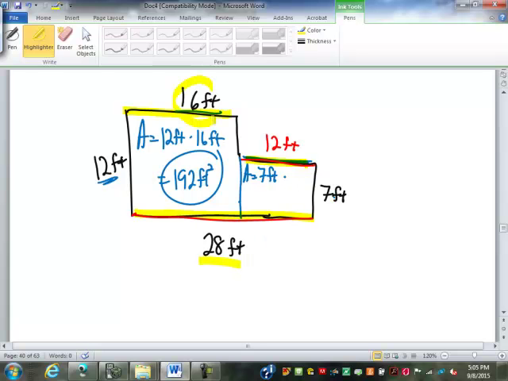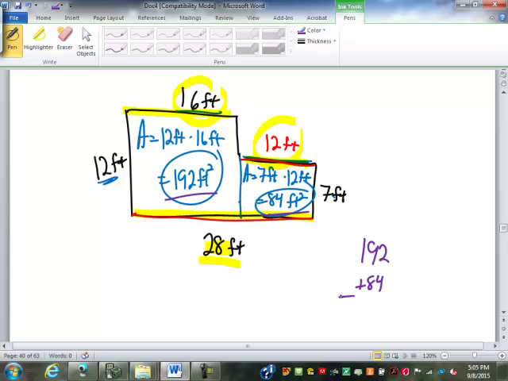If this one's 16, this one has to be 12 so that they add up to the full 28. So this is 7 feet by 12 feet, or 84 square feet. So to get the total area, you're just going to add them up. 192 plus 84 is 276 square feet.